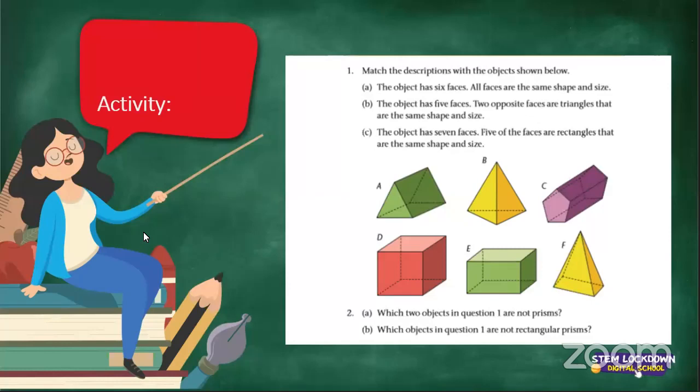All faces are the same shape and size. We have these 6 objects here. So which one is described in 1A?